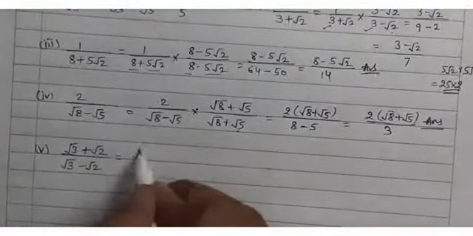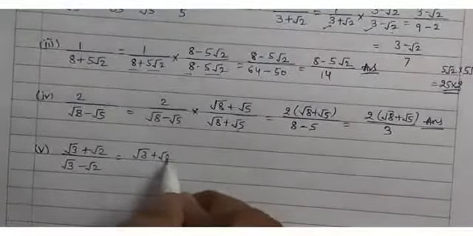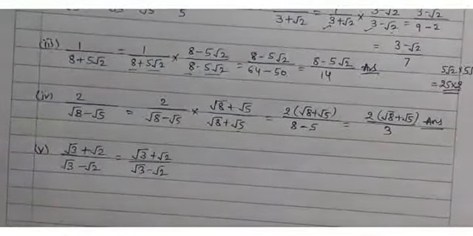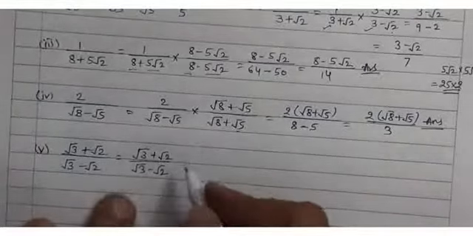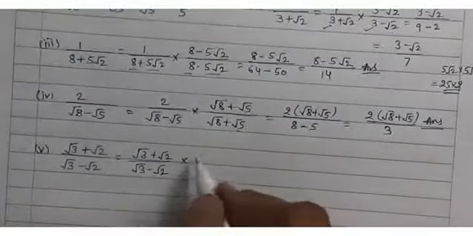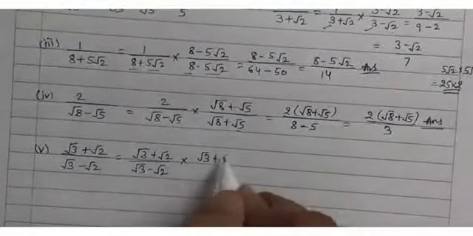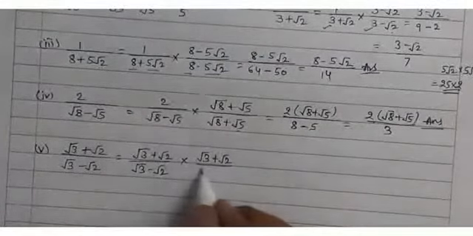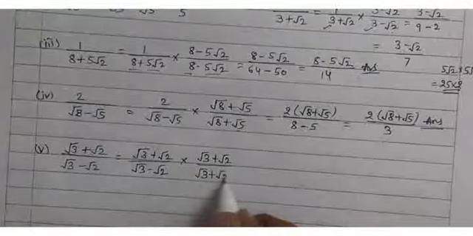Now this minus 2. Again simplify with help of rationalizing factor. So what is the rationalizing factor? Root 3 plus root 2. By this factor you have to multiply and divide also.